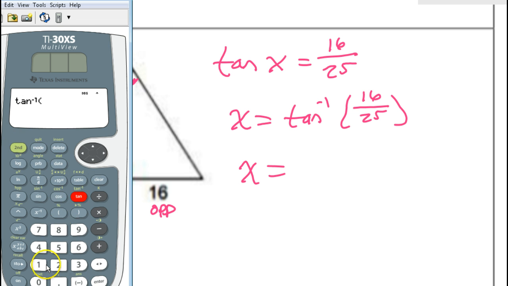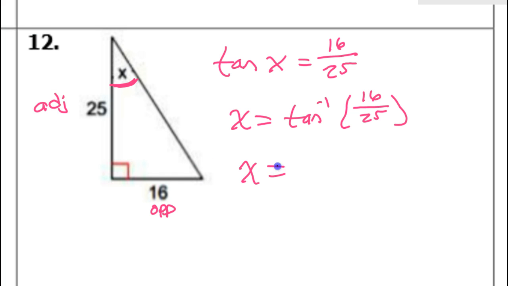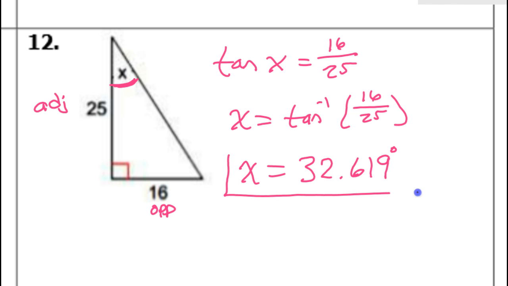Inverse tangent, 16 over 25. Kabam. 32.619. Degrees. This is an angle, so let's put degrees on there.